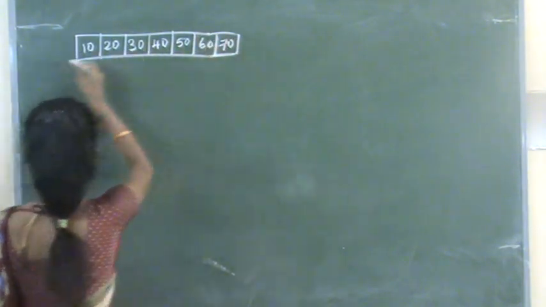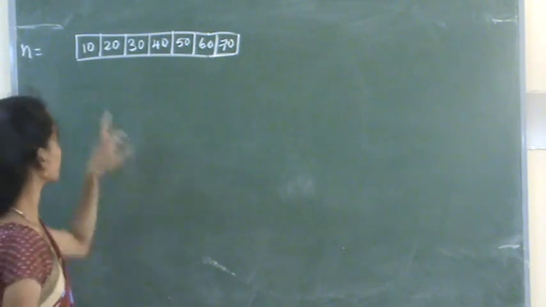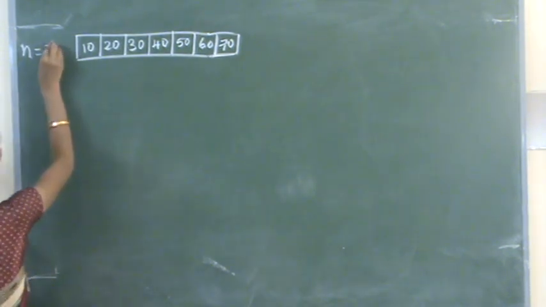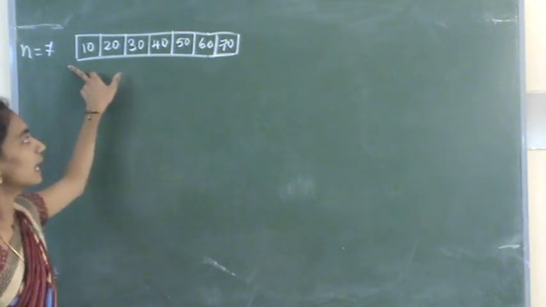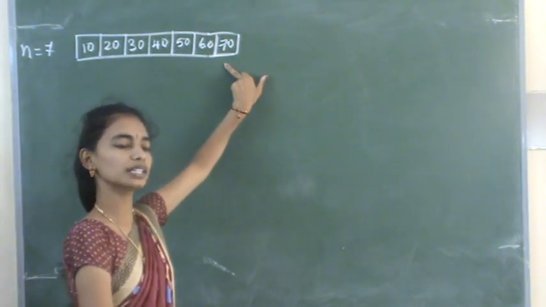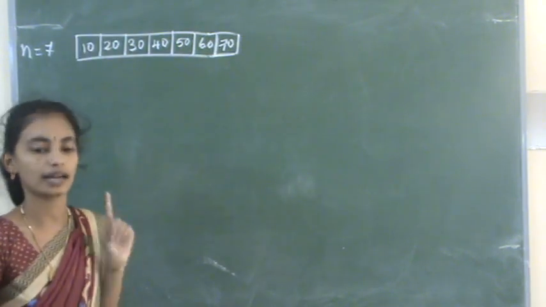Suppose this is considered as a sorted array. We have 7 elements to be inserted. So I considered n value as 7 and these are the values inserted into the array. So this is a sorted array.